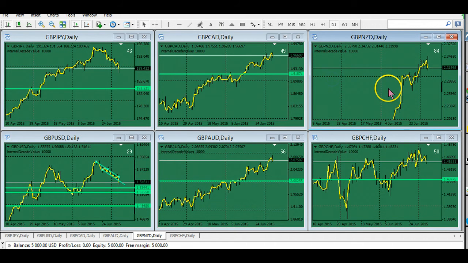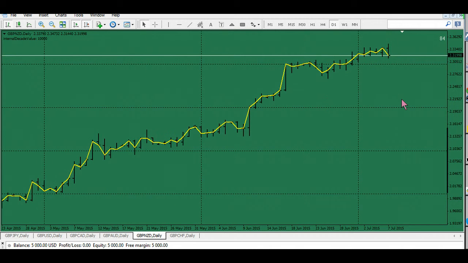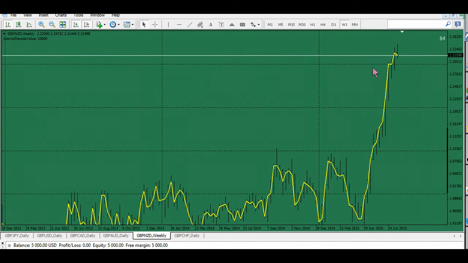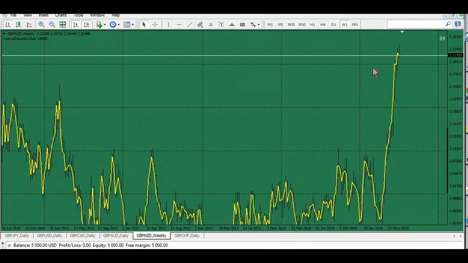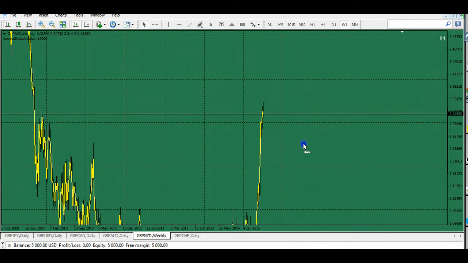So New Zealand, what a wonderful spike climax that was. That could be it, actually, for that puppy. Could be all over. Go to the weekly. They really stretched that puppy. Wow, they just hunted down this stop way up in here. Amazing. Look at that.